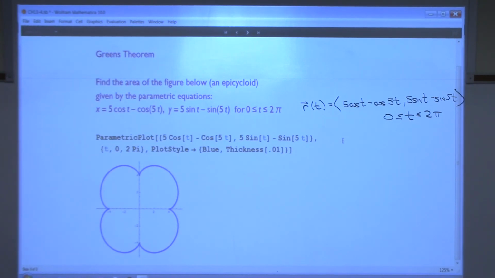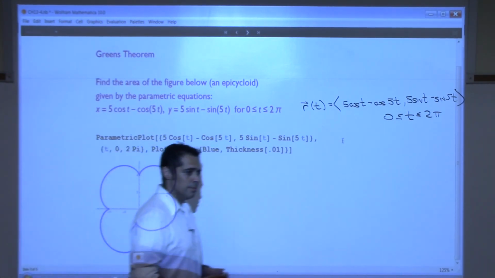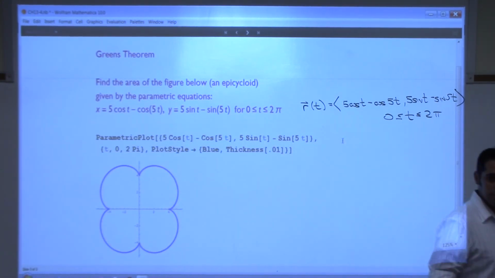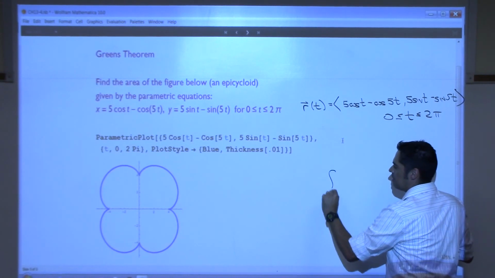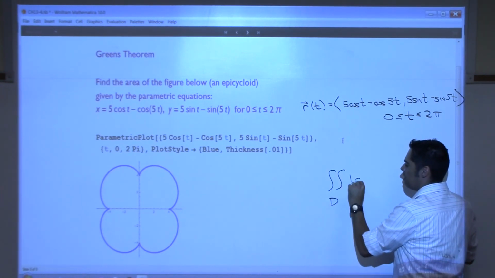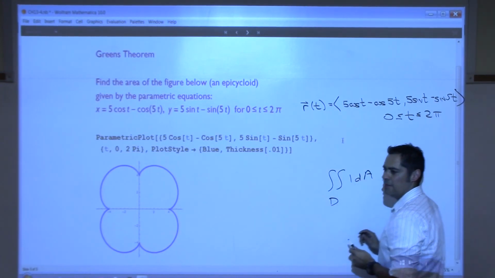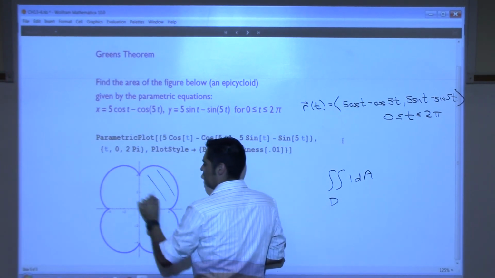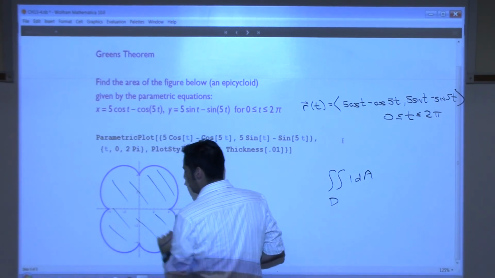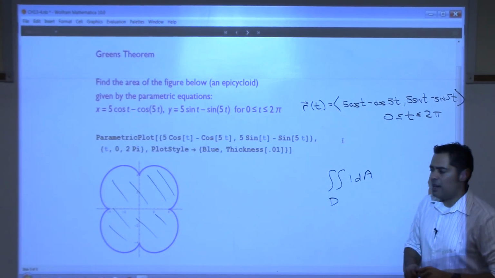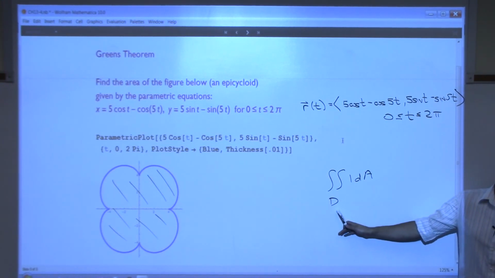What is the area of that? That's a very difficult problem to do, because you might be sitting here going, well, I know it's the double integral over D of 1 dA, right? It's just the area of that region that it encloses. But you have to find a way of representing that region.